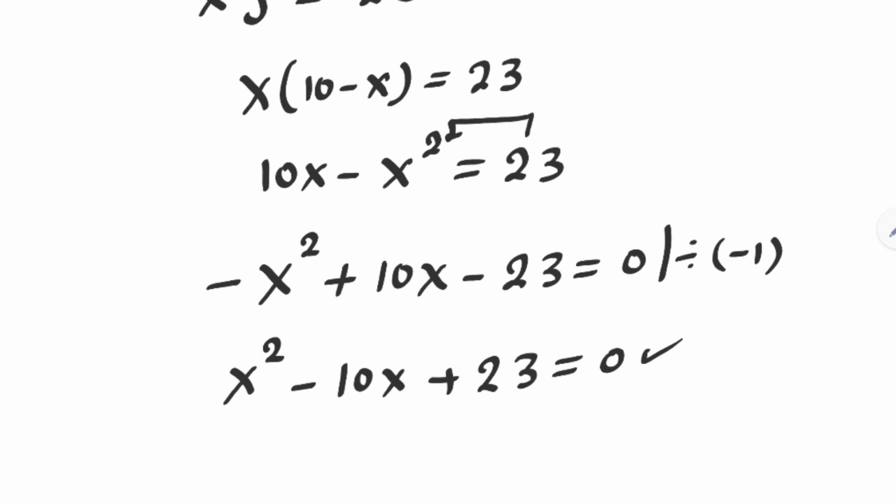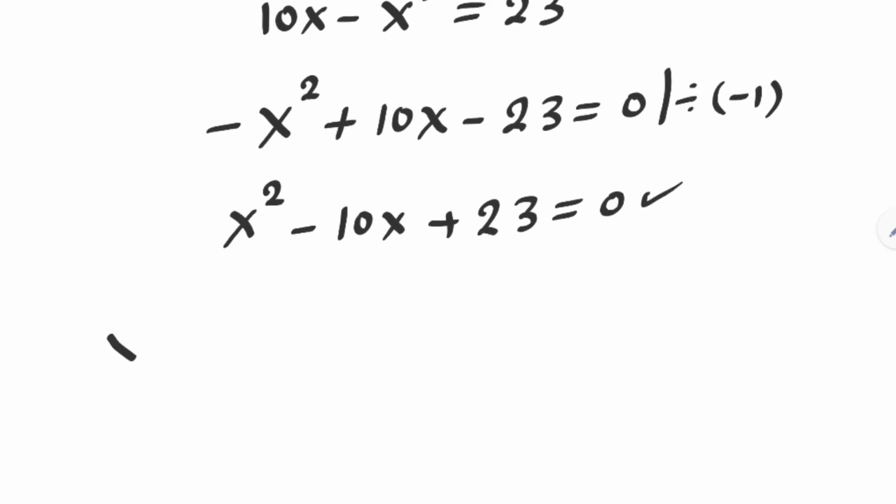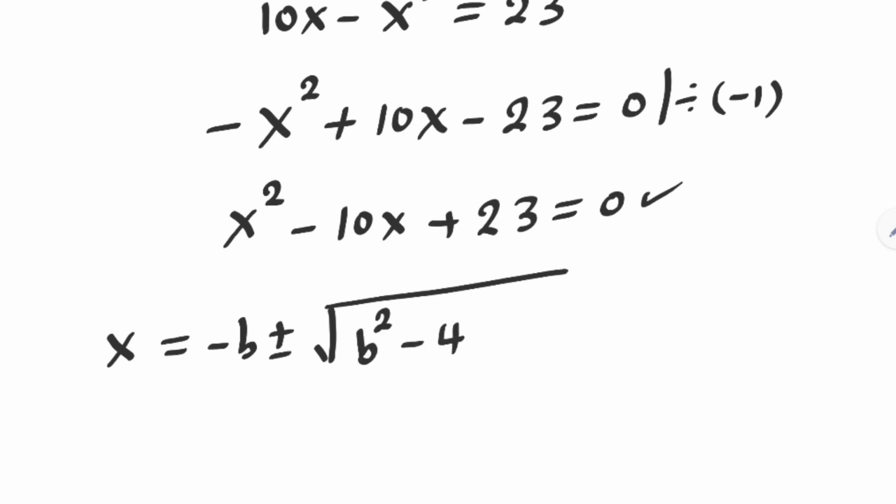Let us solve this using the quadratic formula. x is equal to minus b plus or minus square root of b squared minus 4ac, divided by 2a.